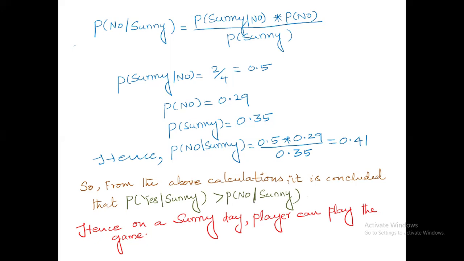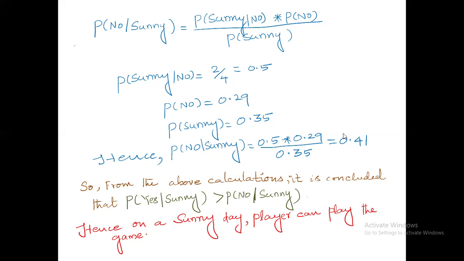So coming to the conclusion: when the weather is sunny, the decision to play or not is based on the calculated posterior probabilities using the Naïve Bayes classifier. By analyzing the likelihood of sunny weather along with prior probabilities of playing and not playing, the classifier predicts the most probable outcome, 0.60 versus 0.41.